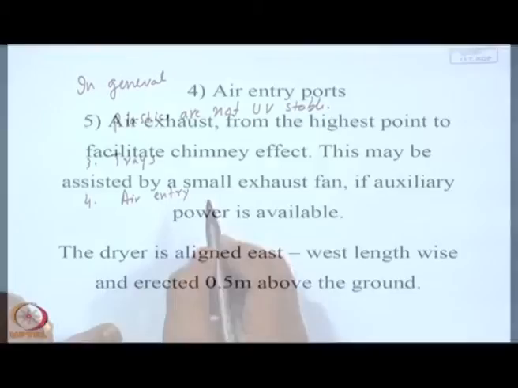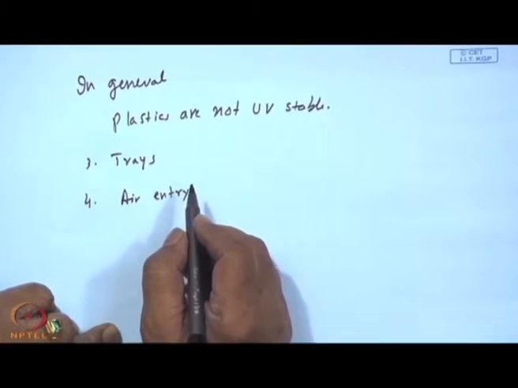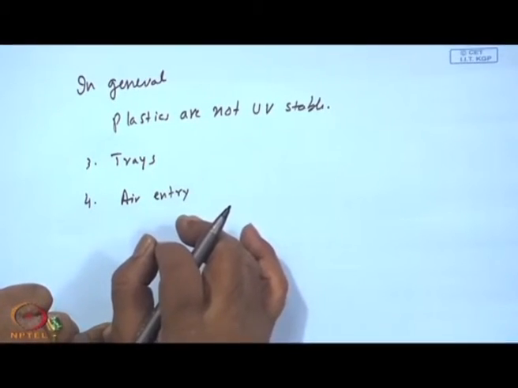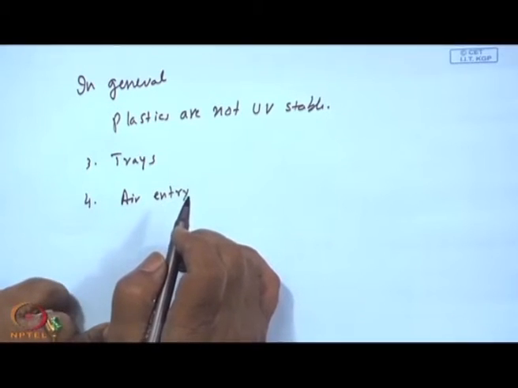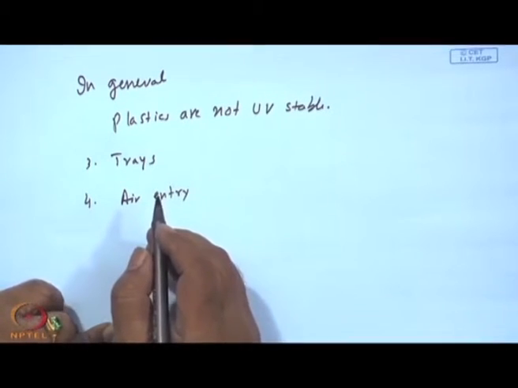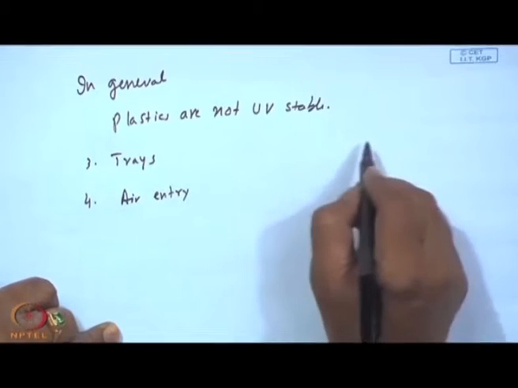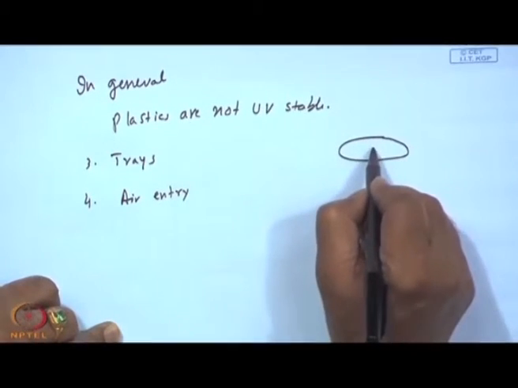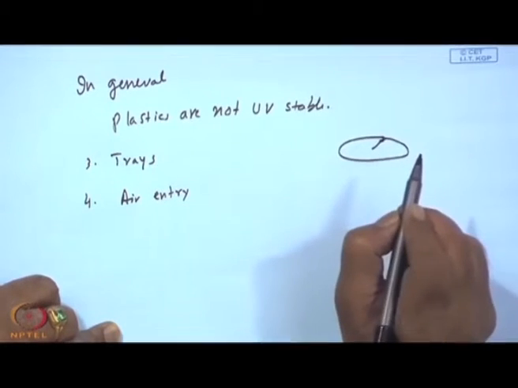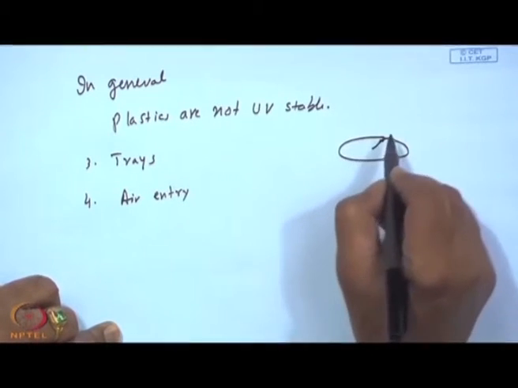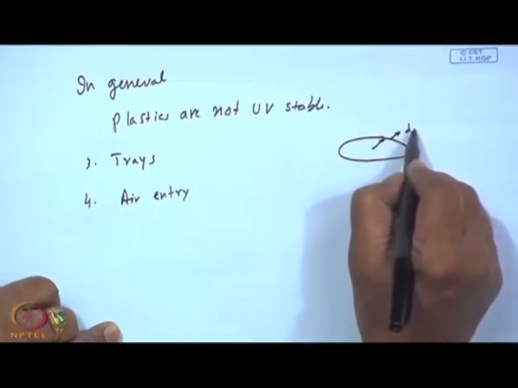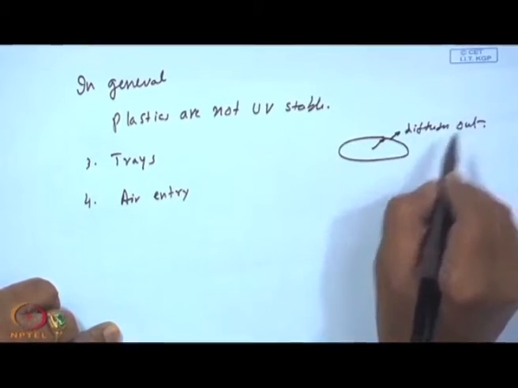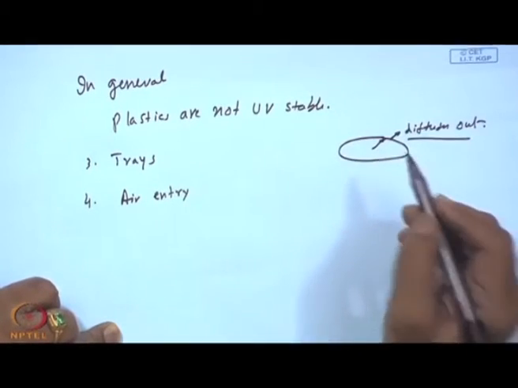This is not so much to heat the air and use the hot air to dry, but essentially to carry away the moisture once drying has started. So, for example, if you take a food product, the moisture in that will come to the forefront or the skin, then diffuses out. So, this needs to be carried out.